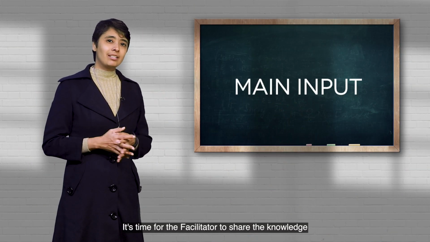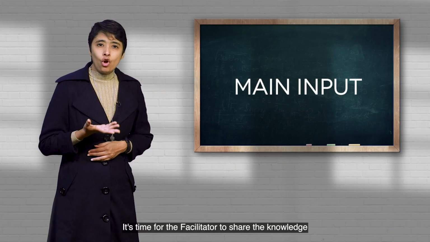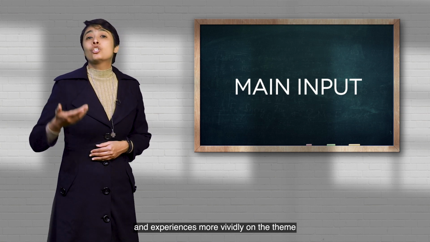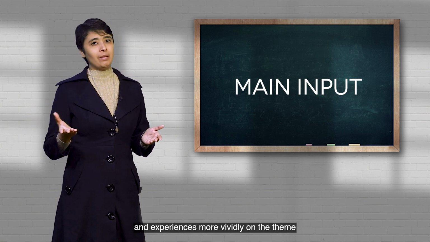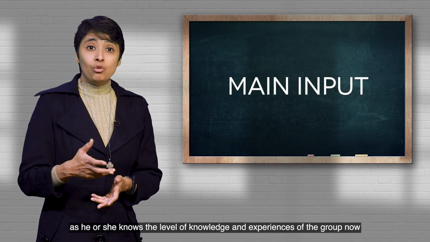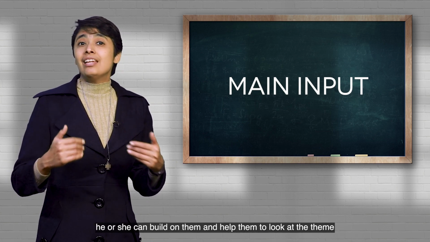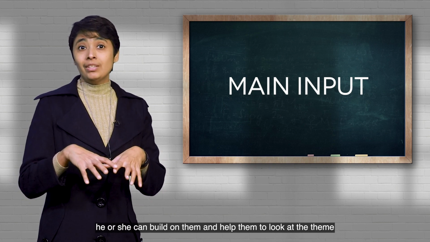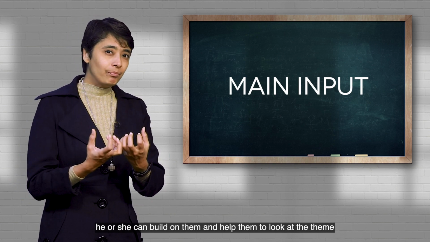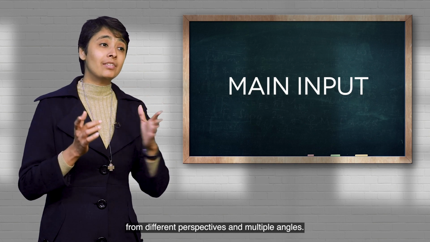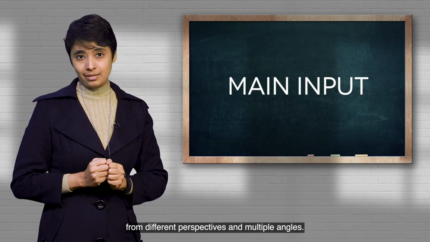It's time for the facilitator to share the knowledge and experiences more vividly on the theme. As he or she knows the level of knowledge and experiences of the group now, he or she can build on them and help them to look at the theme from different perspectives and multiple angles.